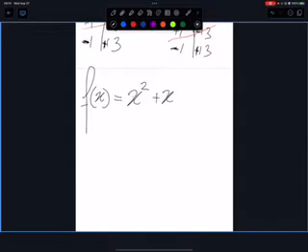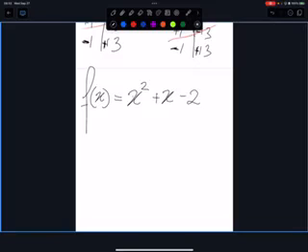Wait, it has to be positive 2. Yes. Draw this quadratic equation.